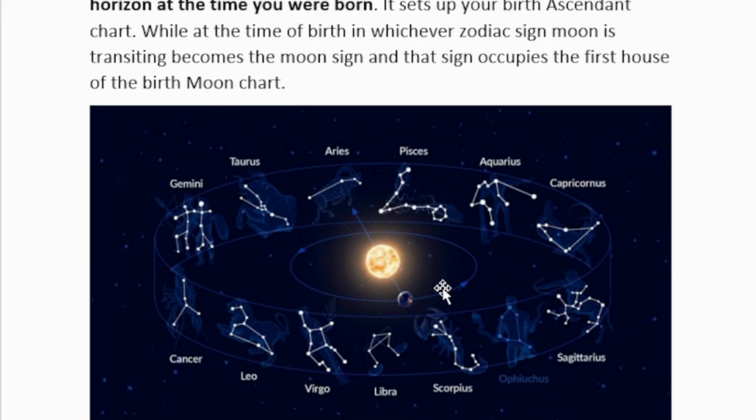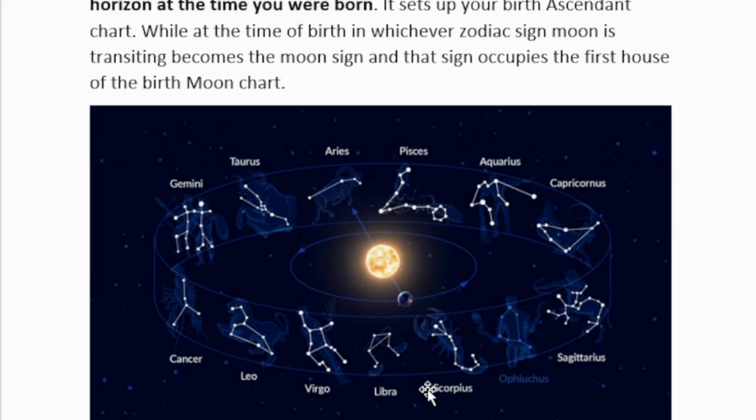So during this rotation, whichever zodiac sign the moon is transiting, that zodiac sign becomes the moon sign, and that sign's number will occupy the first house of the moon chart.